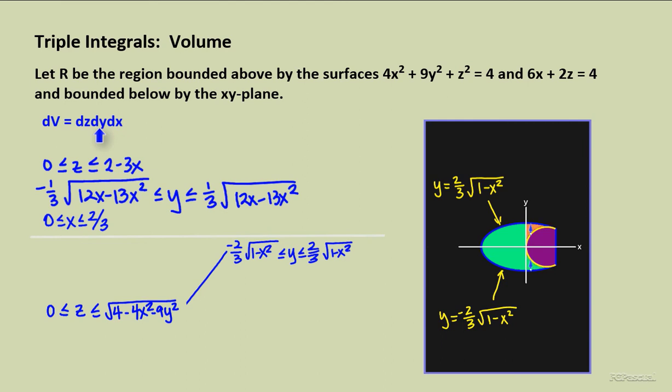This lower portion starts at the ellipsoid trace, where y equals minus 2/3 times the square root of 1 minus x squared, and finishes at the seam projection, where y equals minus 1/3 times the square root of 12x minus 13x squared. And so we have the second set of y inequalities for the ellipsoid portion.